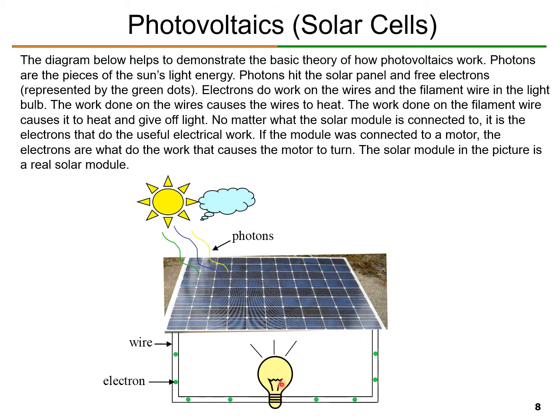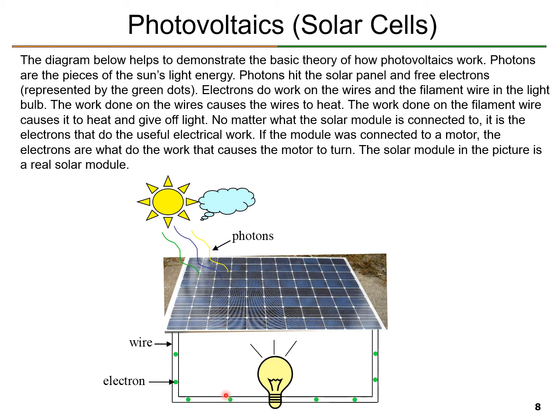Now this right here is the filament inside of this light bulb. The work done on the wires causes the wires to heat up. The work done on the filament wire causes the filament wire to heat and to also give off light.